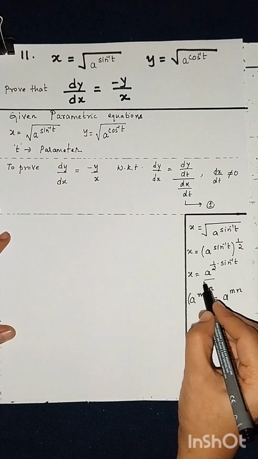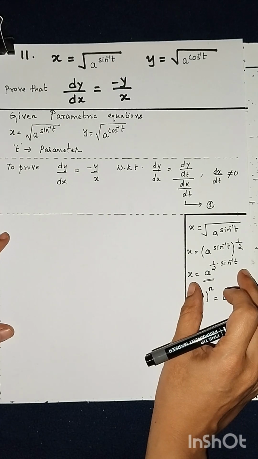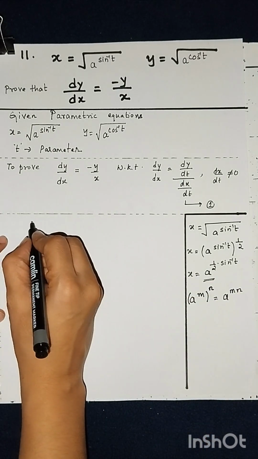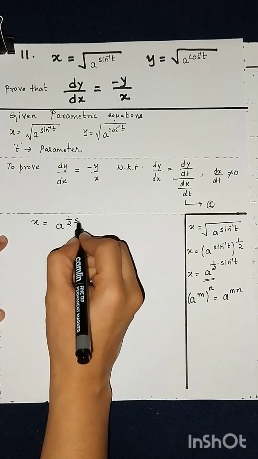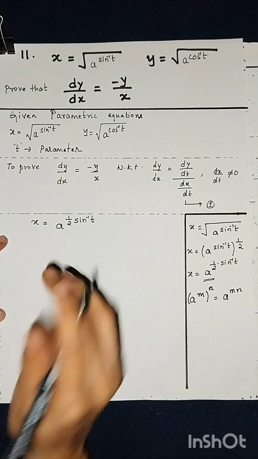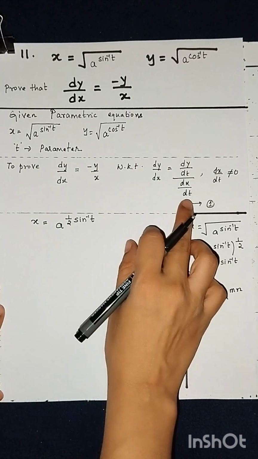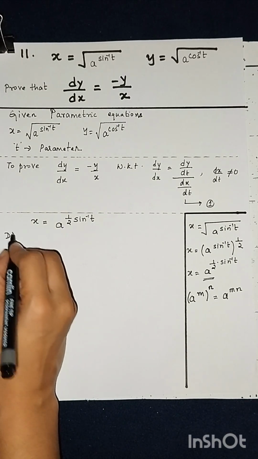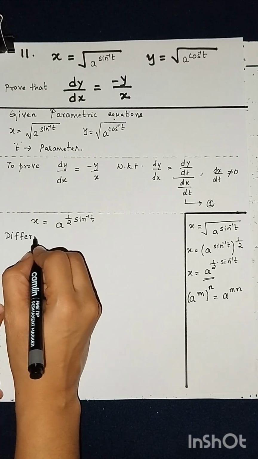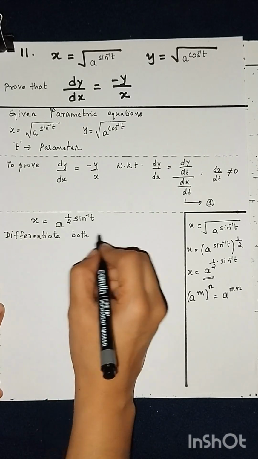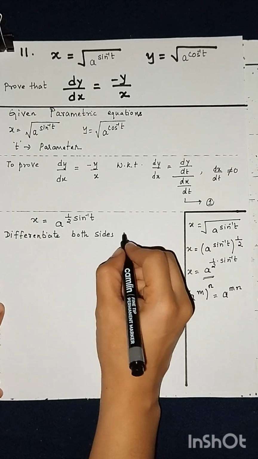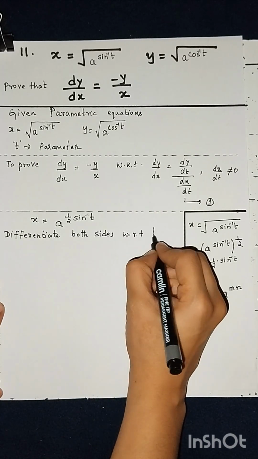Now we will utilize this to find dx by dt. Here we have x is equal to a to the power 1 by 2 sine inverse t. Since we want dx by dt, we have to differentiate both sides with respect to t.